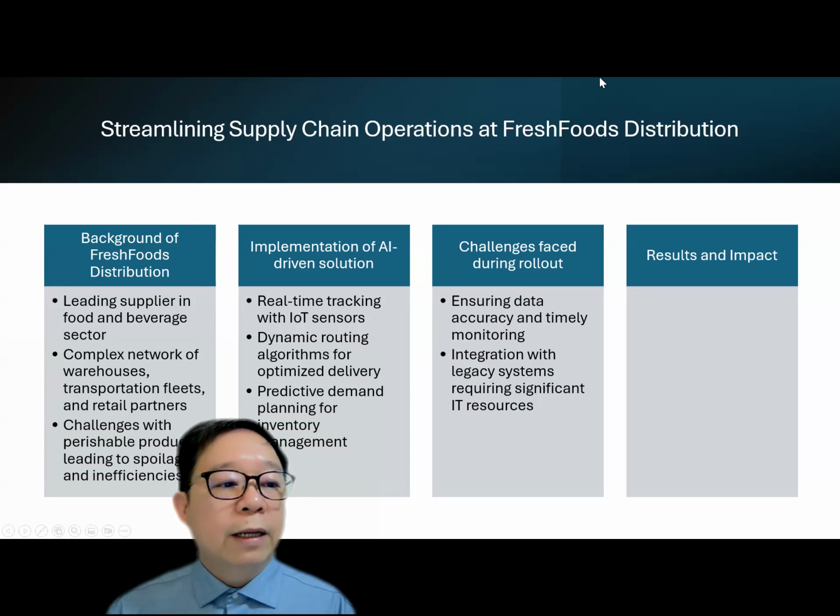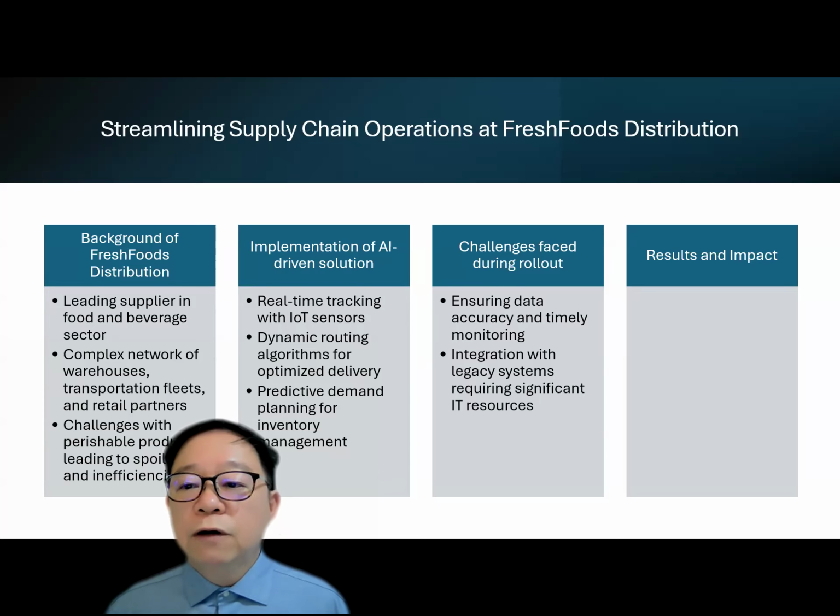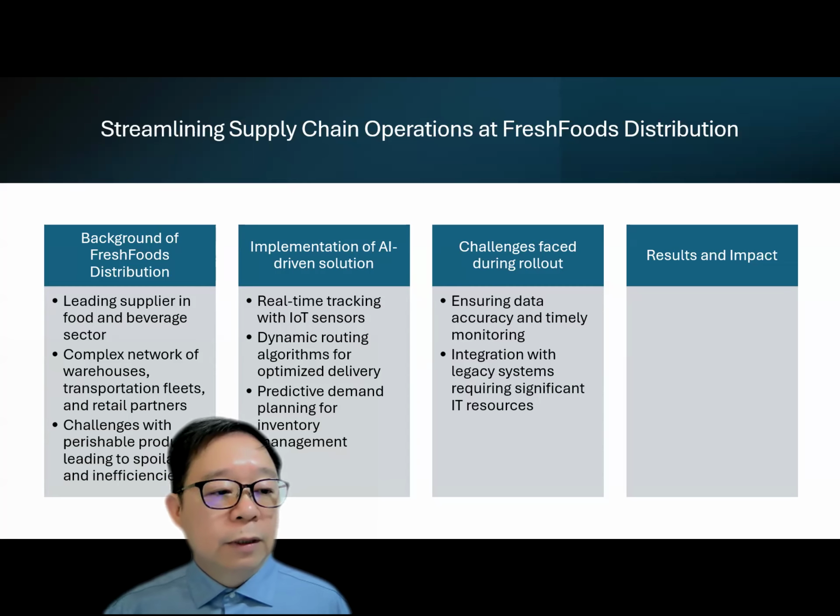So now we have another company called Fresh Food Distribution. What they do is basically a supply chain for fresh food delivery. What's the problem? They are a leading supplier in the food and beverage sector, but the network is too complicated.